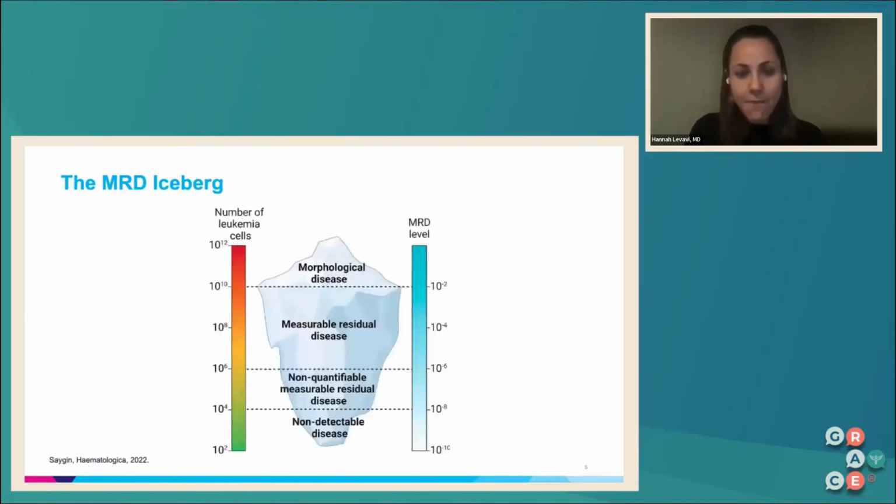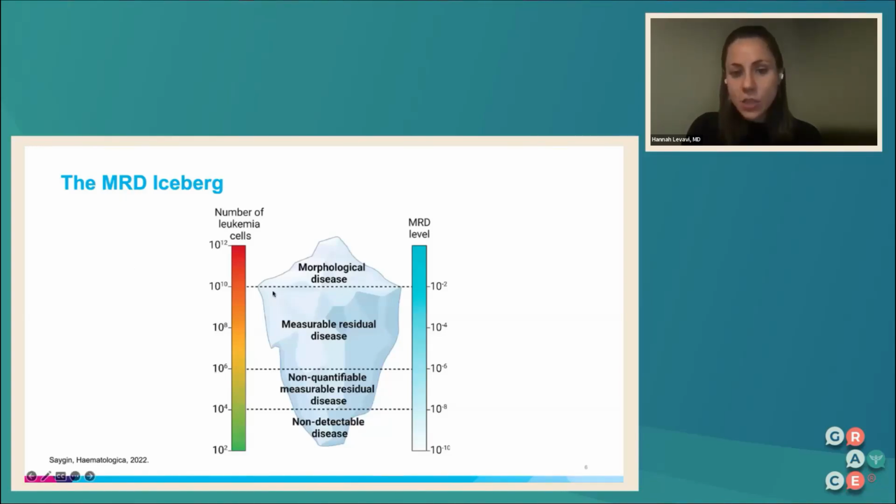And so the way I think of it is in this kind of iceberg analogy where above the water, we have something called morphologic disease, where there's very easily detectable disease using some of the more primitive methods that we've been using for many, many years to evaluate disease burden, such as a bone marrow biopsy or a lymph node biopsy, or even blood tests that very obviously show that there's disease left over.